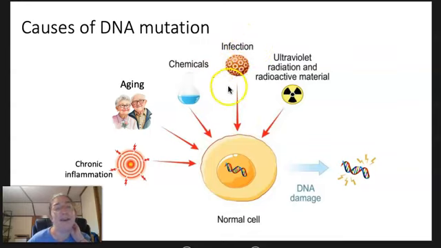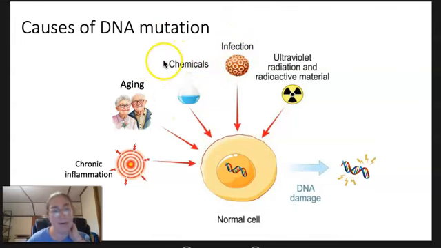P.S. There is a vaccine for HPV, human papillomavirus, and also for HBV, hepatitis B virus, but there is no vaccine for hepatitis C. So that one is still a big concern.